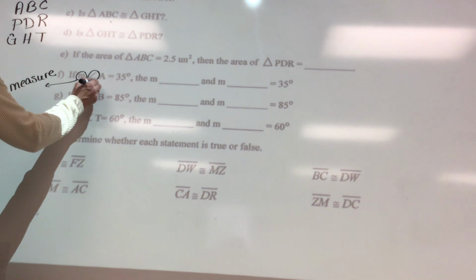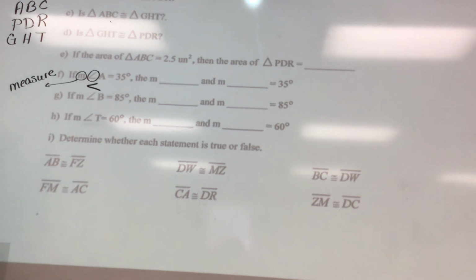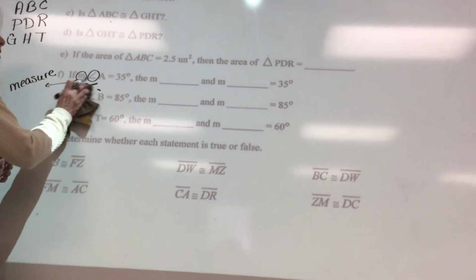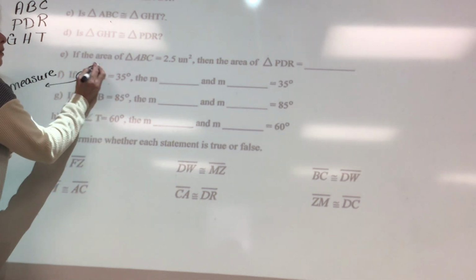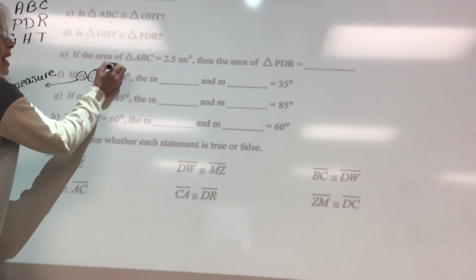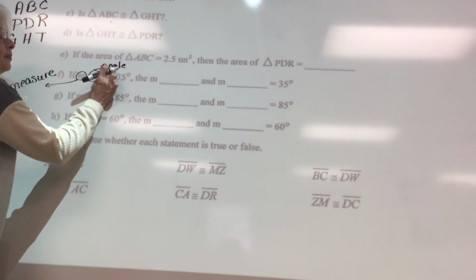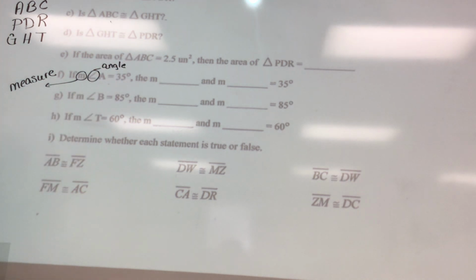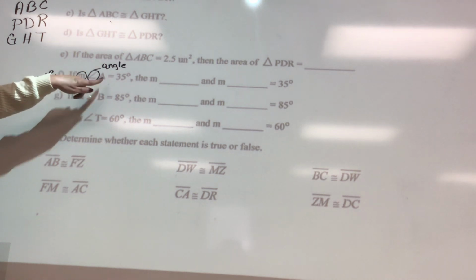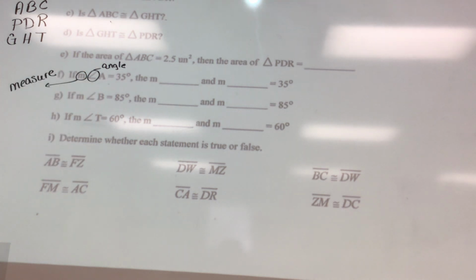Does it look like a triangle? It looks like... this is an angle. So this is angle. Label those so you can remember what those stand for. I was close. Yes, you were getting there.